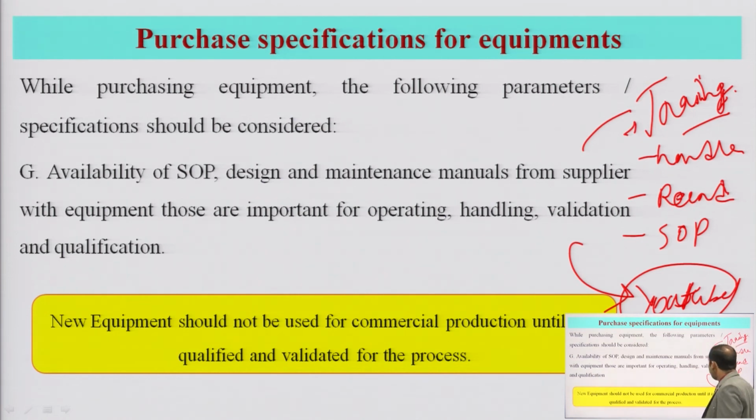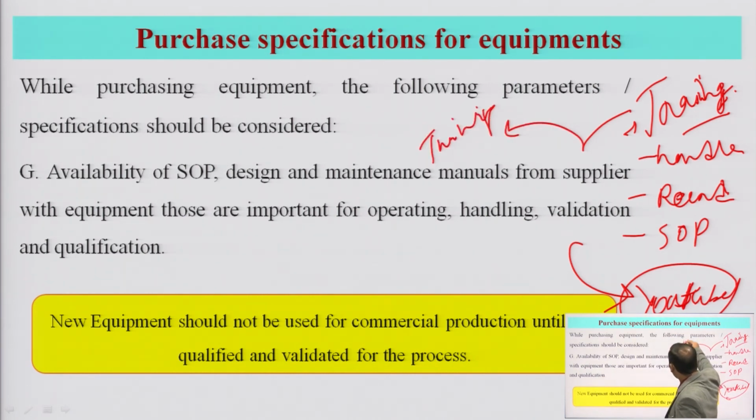So, after training, if your pharma company purchases a new equipment, at that time you will also get a separate training. This time the training will be given by the company from which we are purchasing.